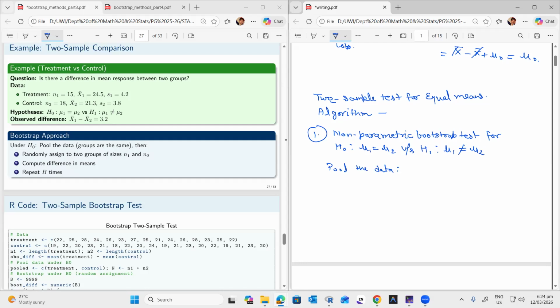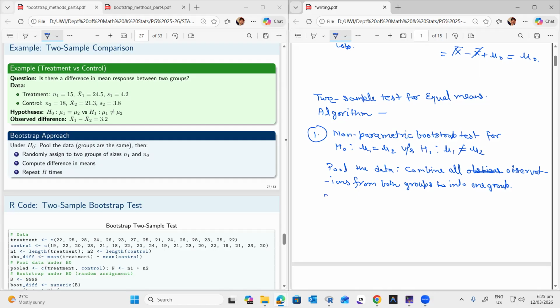Pool the data in such a way that we combine all observations from both groups into one group.